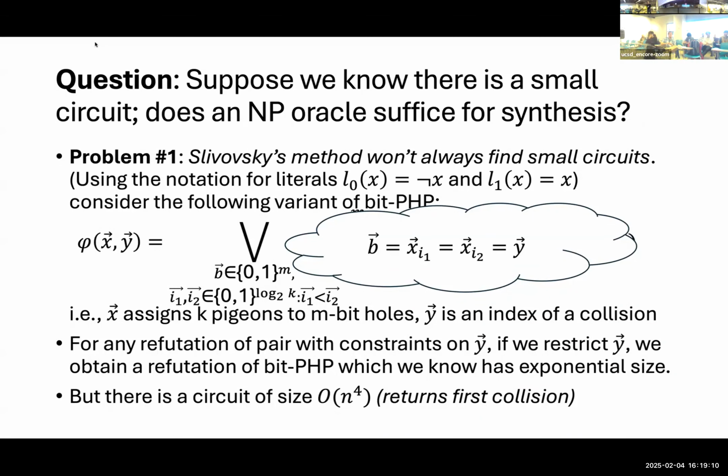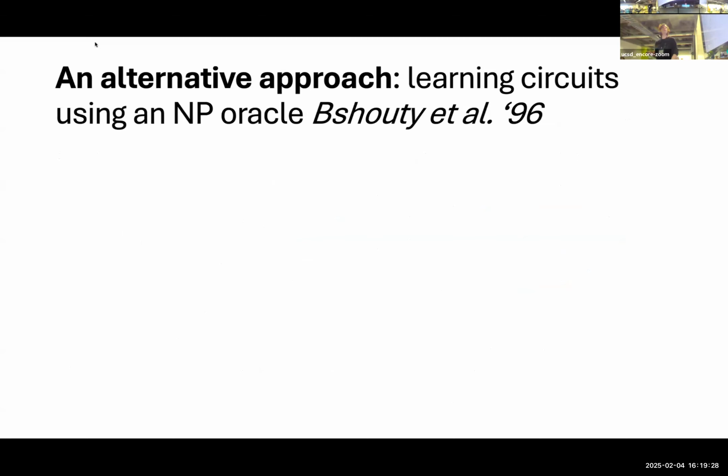All right. Okay, so we want a different method to try to solve at least the unique synthesis problem. Okay. And there is another method that's going to work nicely here. This is inspired by work by Bshouty, Cleve, Gavaldà, Kannan, and Tamon on learning circuits with an NP oracle.